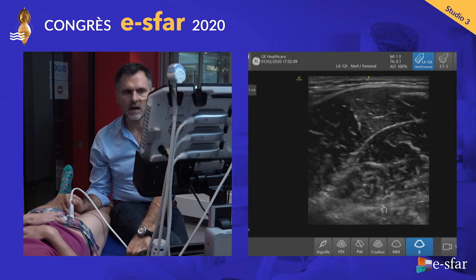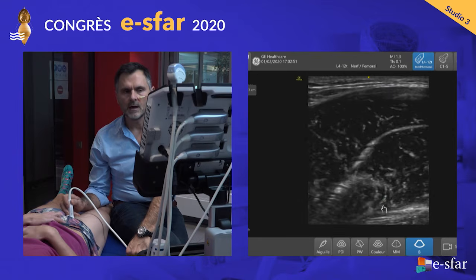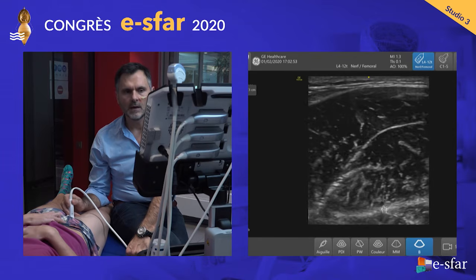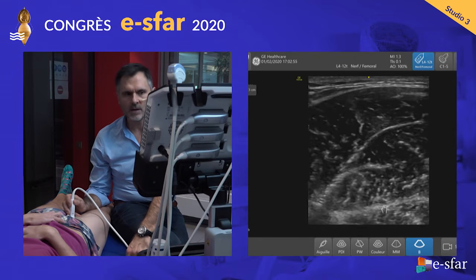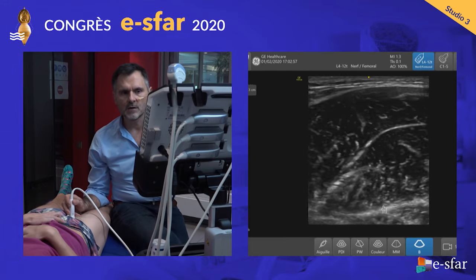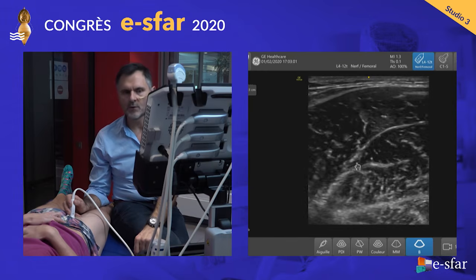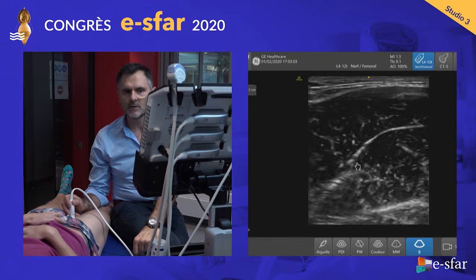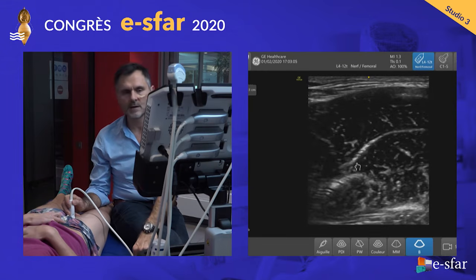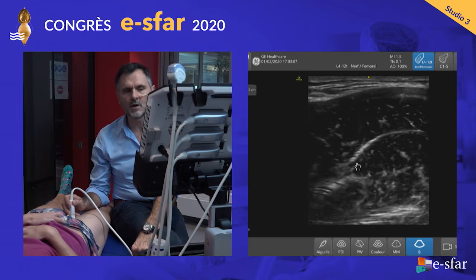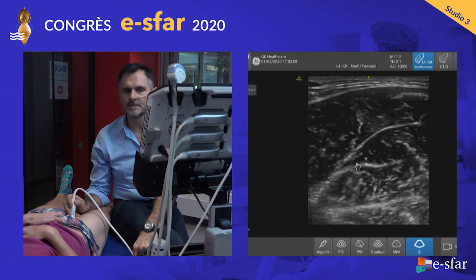We can see in our model, it is a very echoic patient, and we can see the anterior branches. Look, when I tilt my probe, we can see the movement of the anterior branch of the obturator nerve.